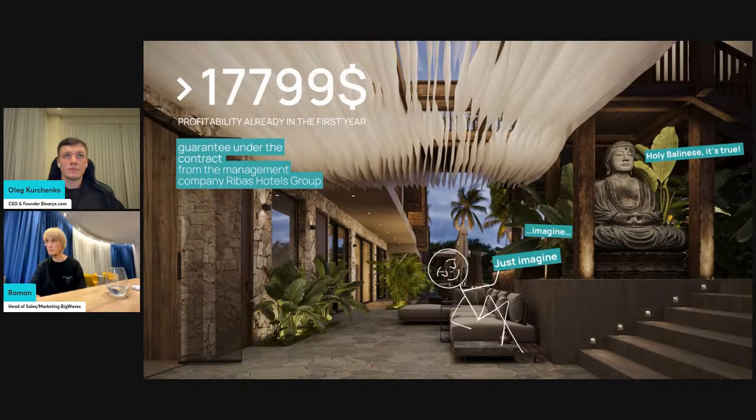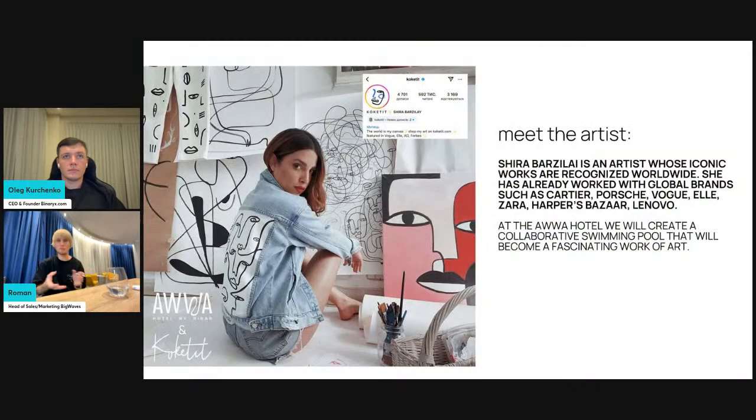Yeah, this is about profitability. Also a very interesting point. Our management company is Ribas. It's the biggest management company in Ukraine, so they have a lot of experience in this case. And they say that our main story is about services. On Bali, it's a little bit of a problem with that. There are a lot of new restaurants, a lot of architecture, but the main point now in 2025 is about services.